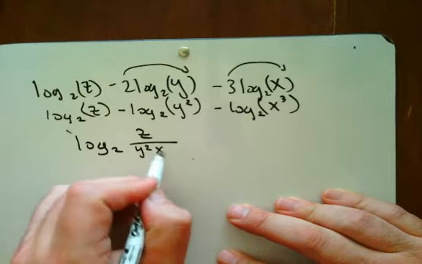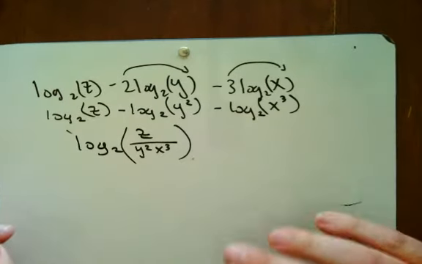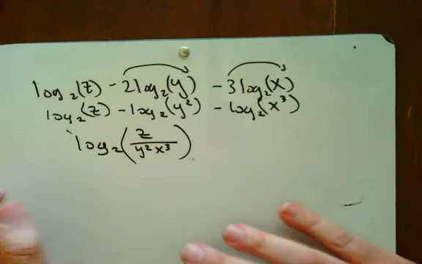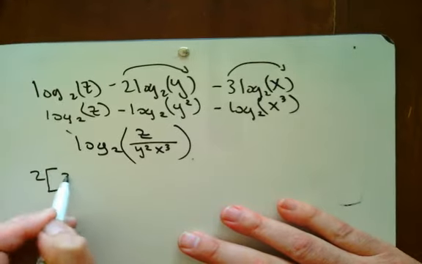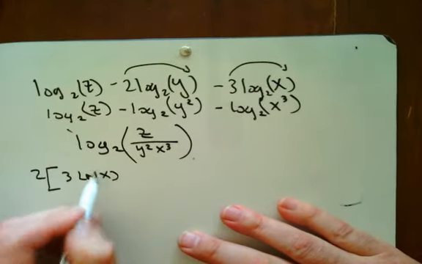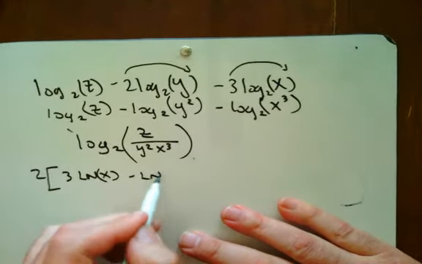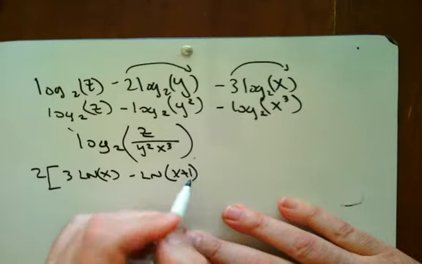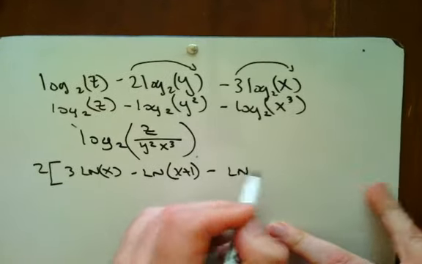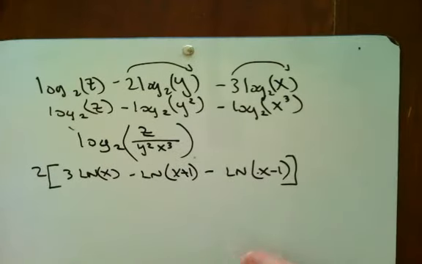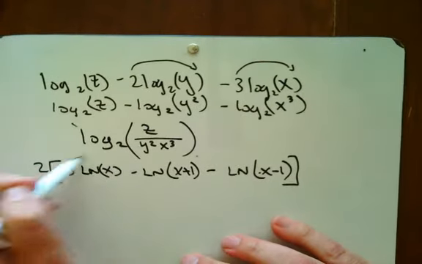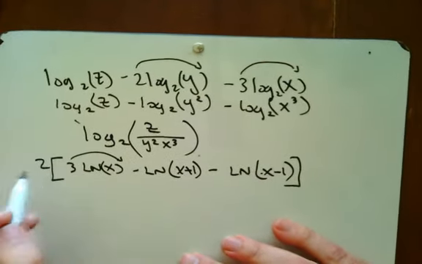Remember, don't write this as log base 2 of z over log base 2 of y squared x to the third. That is a huge mistake. No. Remember, we're condensing to 1 log. Our property allows us to take these 2 logs and condense into 1. So I'm going to have log base 2 of z over y squared x to the third.